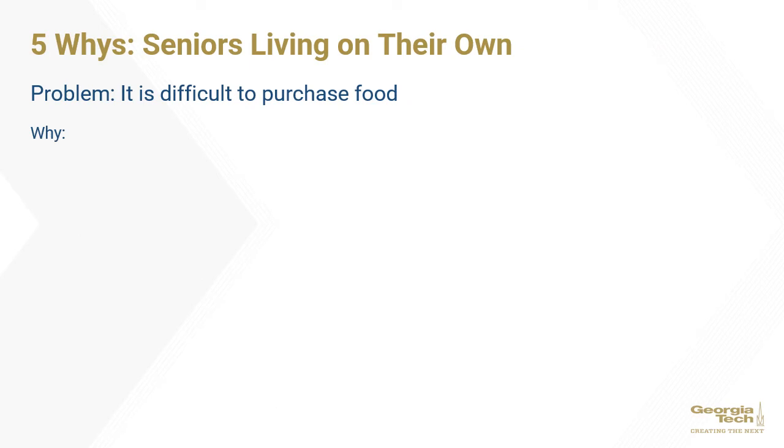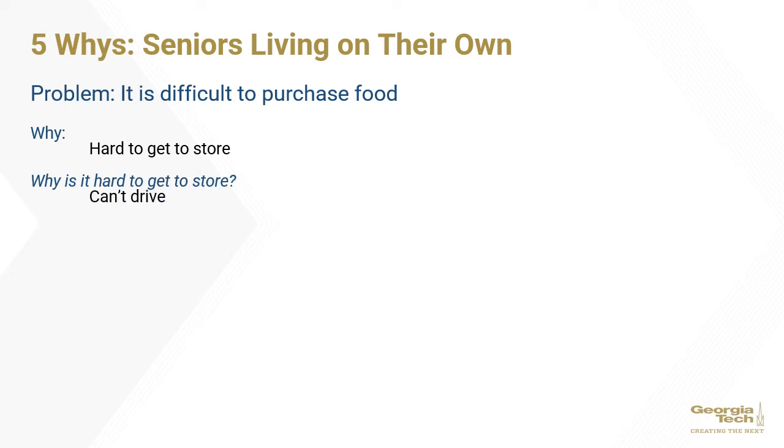Another example I want to give, going back to the example about seniors living on their own and coming up with a product for it. The problem that came up in the themes is that it's difficult to purchase food. But why? It's hard to get to the store. And then you ask, well, why is it hard to get to the store?